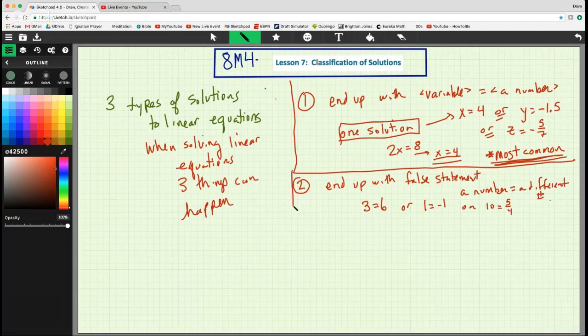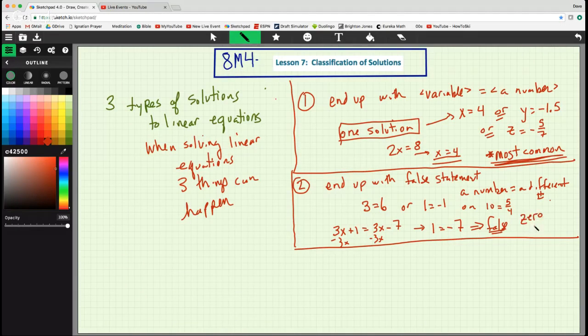An example of this would be if you solve this equation: 3x plus 1 equals 3x minus 7. If I simplify by subtracting 3x from both sides, I end up with 1 equals negative 7. And this is a false statement because 1 does not equal negative 7. In this case, I have no solution. 0 solutions.